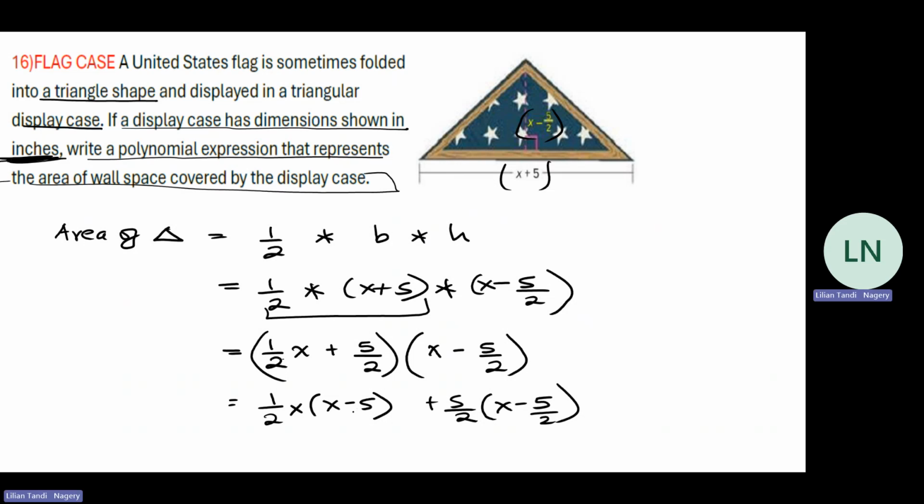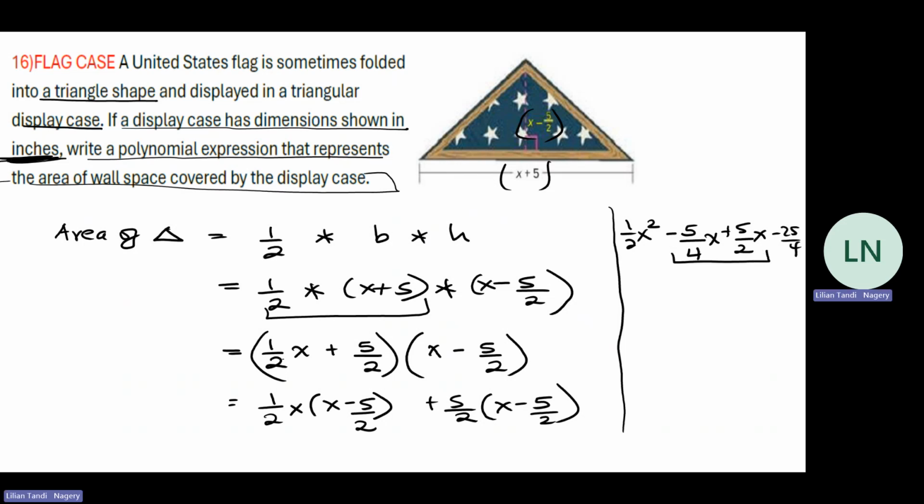Make sure you check your work as you're solving. A half x times x will give us a half x squared. A half x times negative 5 over 2 will give us negative 5 over 4x. This will give us positive 5 over 2x, and this will give us negative 25 over 4.